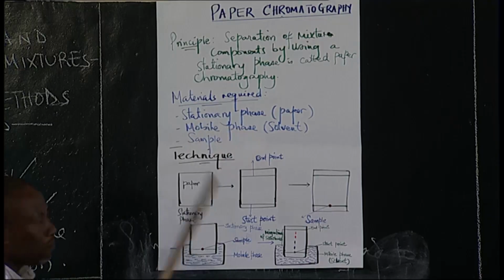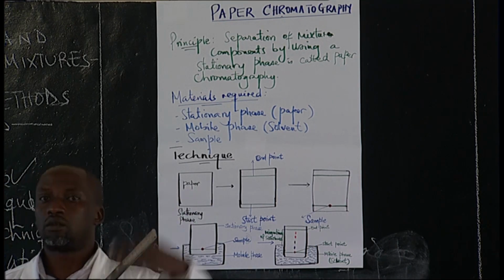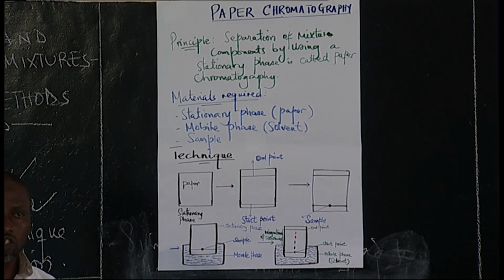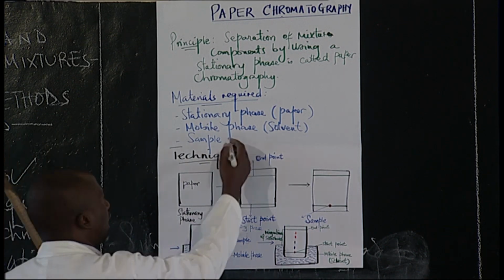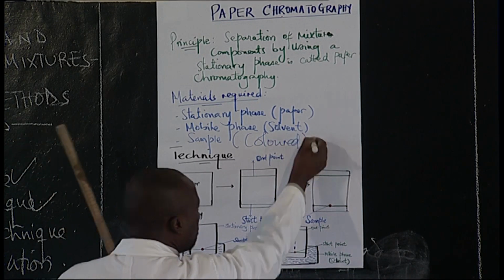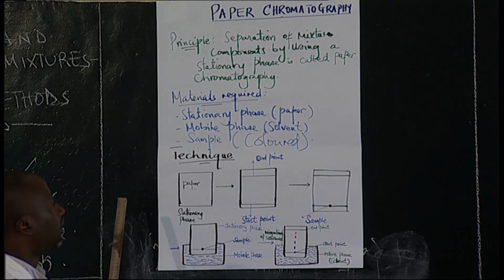Then you need a mobile phase, that is a solvent which is moving. And then you have the sample. In most cases, but not always, the samples have to be colored, as this separates colored materials.